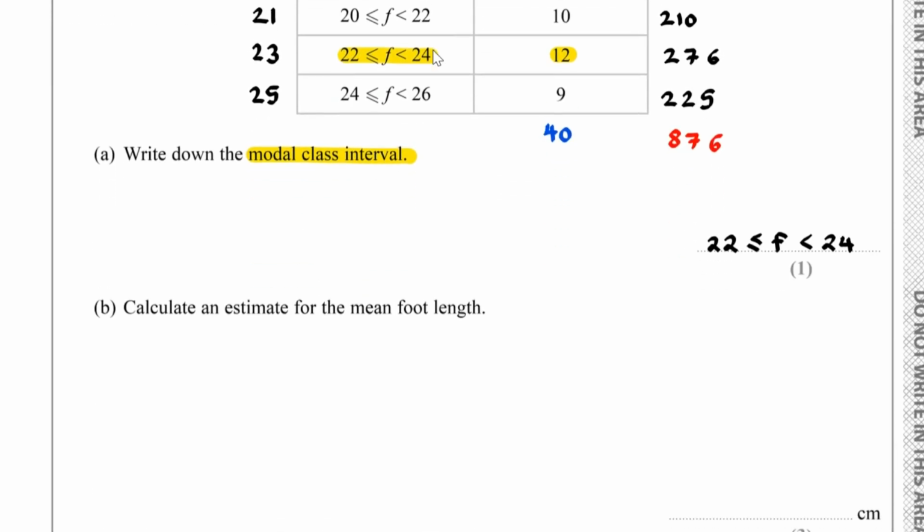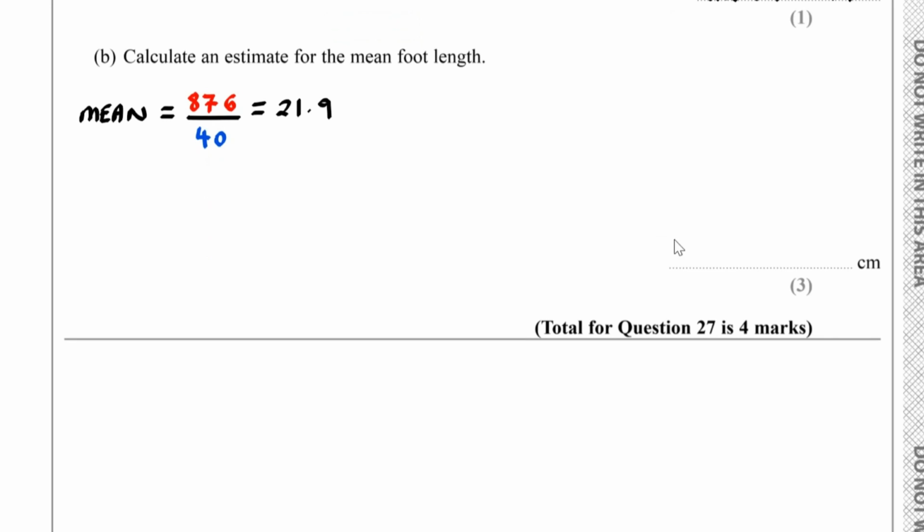So the mean will equal 876 divided by 40, which is 21.9.